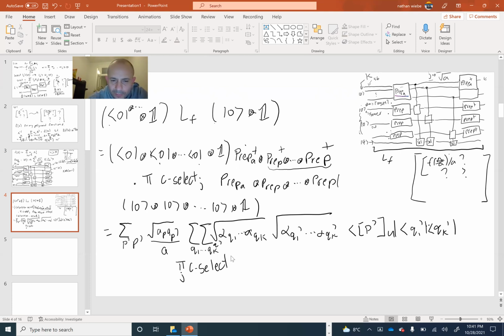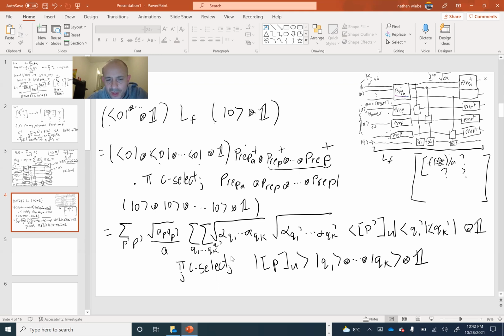We'll deal with those in a sec. And then we have the remaining states over here, which are just P U. I think there should be an identity here, and P U going all the way down, Q1 tensor Q sub K tensor identity. Okay, cool. So that's our resulting state.